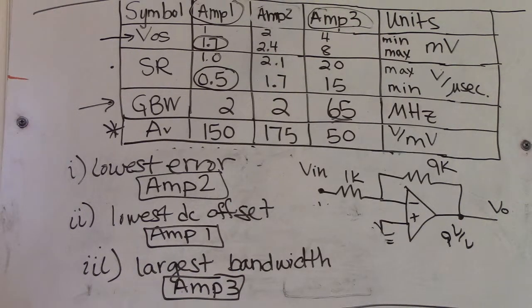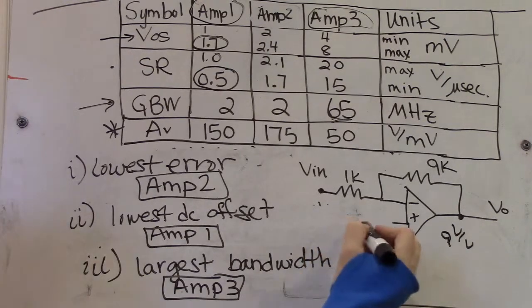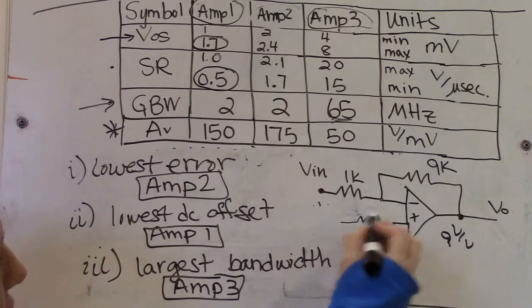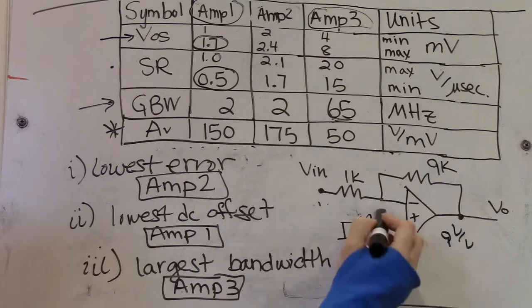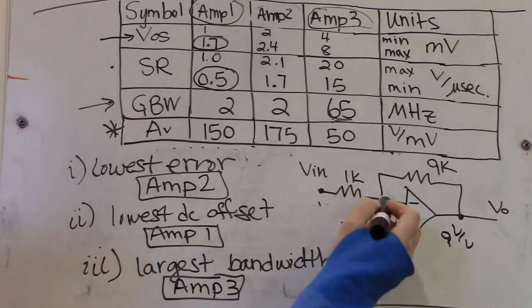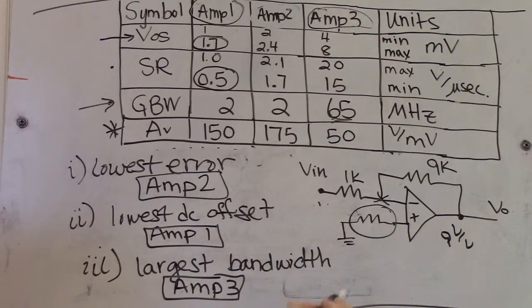Another question is how to modify this circuit, without removing any resistances but adding a resistance, to minimize the input bias current. To do that, you would add a resistor that is the equivalent resistance seen at this node.